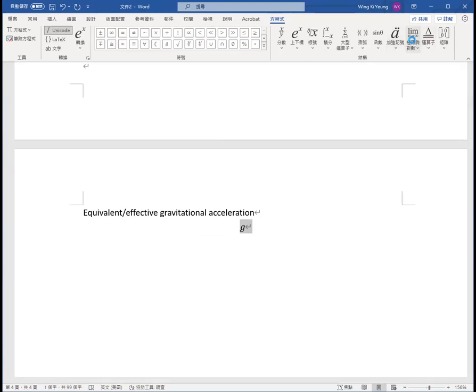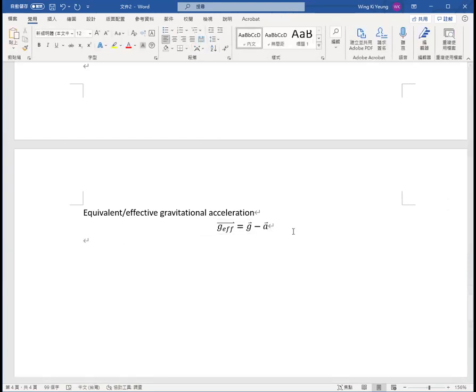So the acceleration of the G prime, or the G effective, is quite ugly, I think. It's G minus A. So what does G minus A mean? Now A is the acceleration, so it is quite similar to the inertial force.